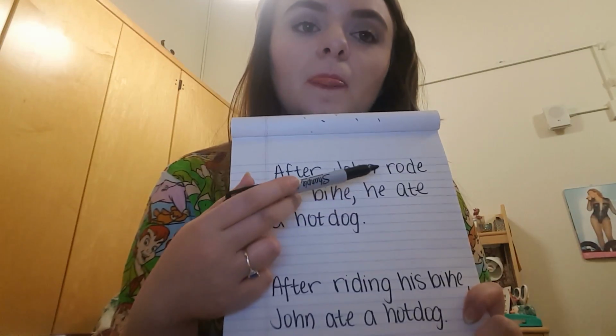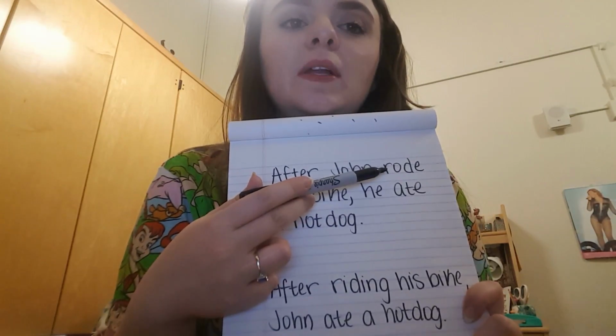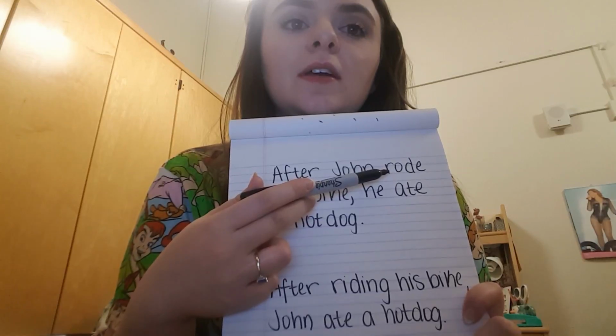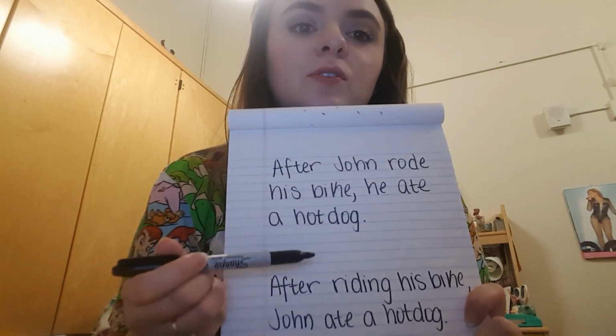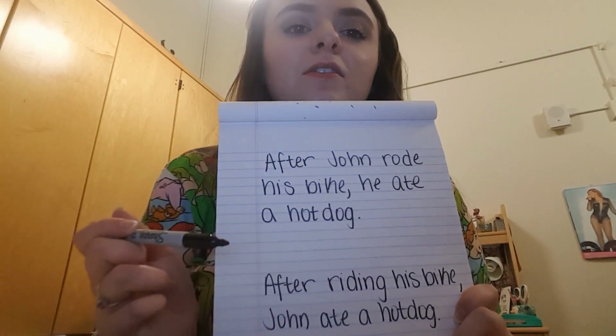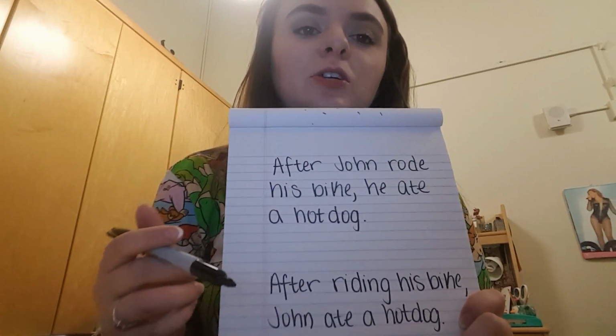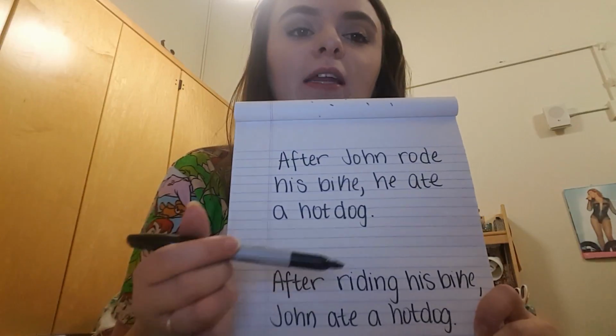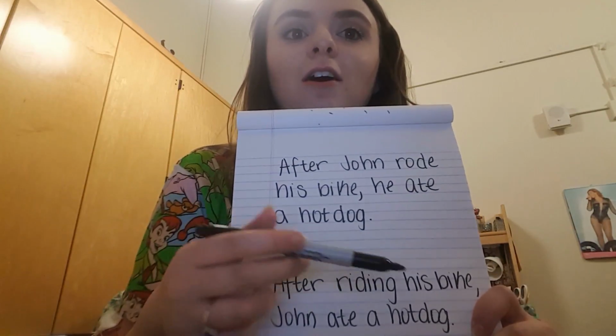So we need to put rode into the progressive form. So that is riding, right? We added ing. So if we take away the subject, it becomes, after riding his bike, John ate a hot dog. Okay, let's try one more.